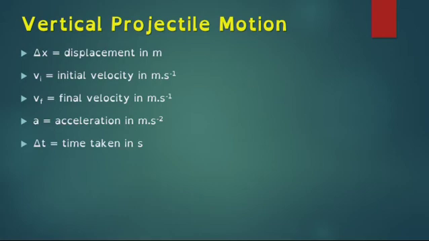And delta t is time taken in seconds. Please make sure that you write down your units as you write down your variables. And I want you to convert them as soon as possible. Don't wait until you forget to do it, substitute the wrong value into your equation, and then get a very wrong answer.